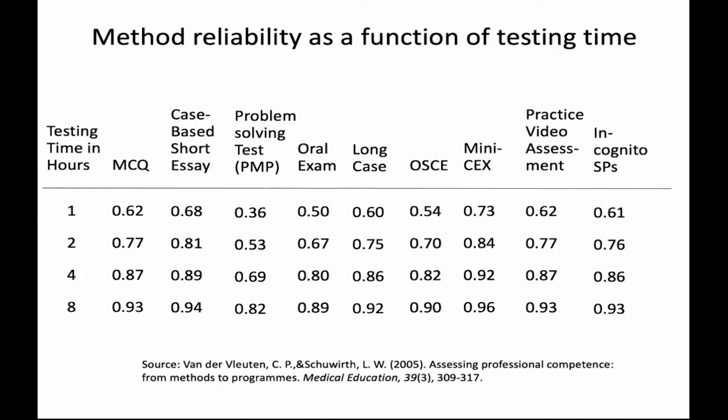Even with a reliability of 0.80, you will still make about 20% misclassifications in your pass-fail decisions. That is sizable. Or in other words, most of our assessments in actual practice are not very reliable, right?